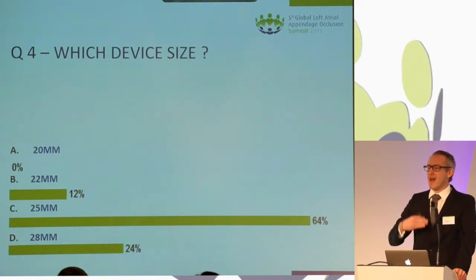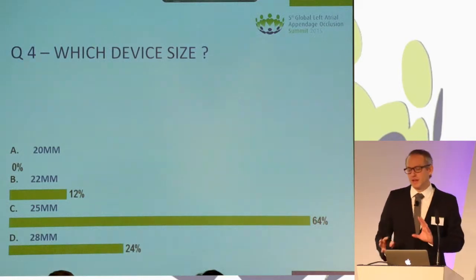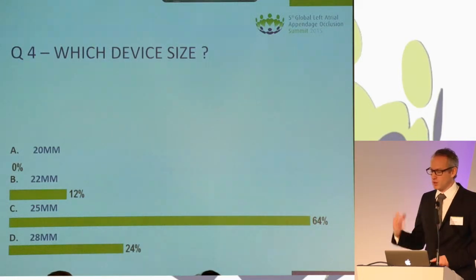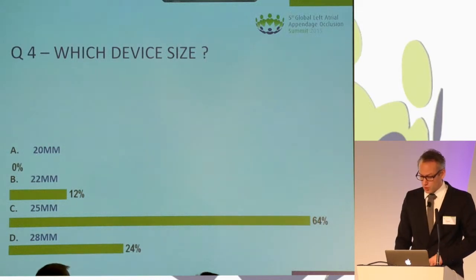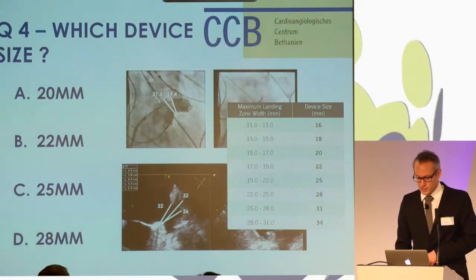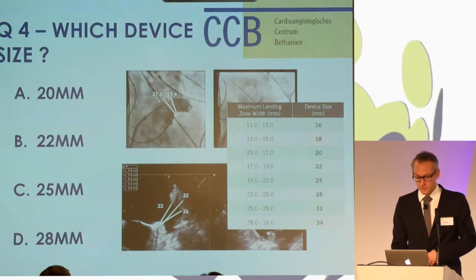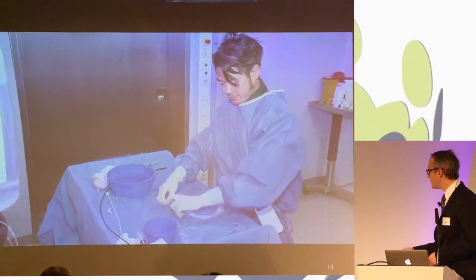So a massive oversizing, as we sometimes did with the ACP, can be difficult with the Amulet. So we did follow the majority of your votings and chose the 25 millimeter device. And now prepping is much easier.